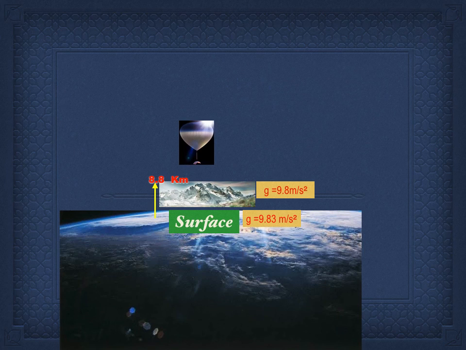Now suppose a man-made balloon reaches a height of 36.6 kilometer. The value of g is 9.7, so it decreases. It's very small, but it decreases. You can see the value of g.